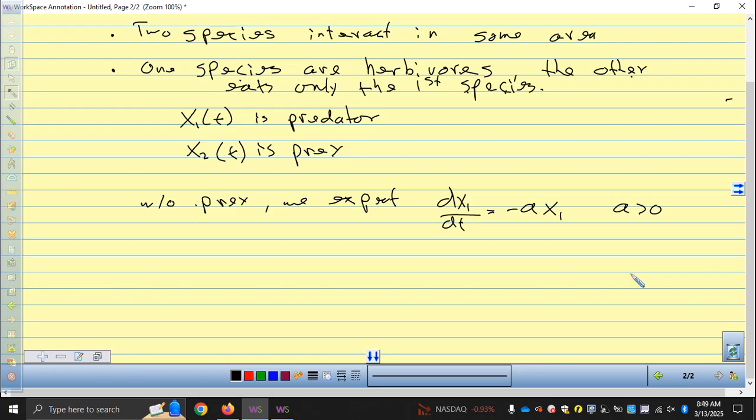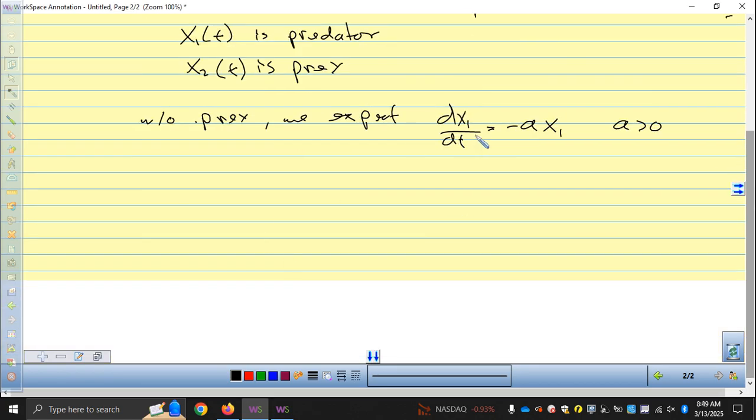And with prey, we expect the interaction to be jointly proportional to the populations, so proportional to x1 times x2. And this should tend to increase the predator population because they have food.